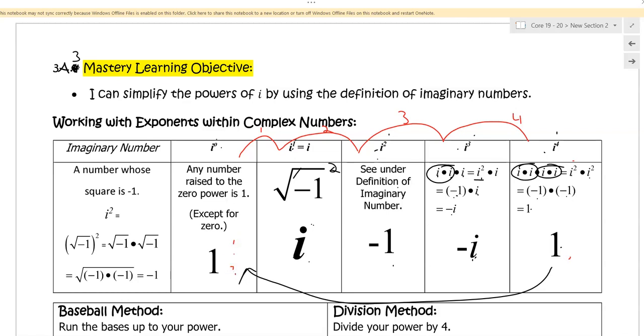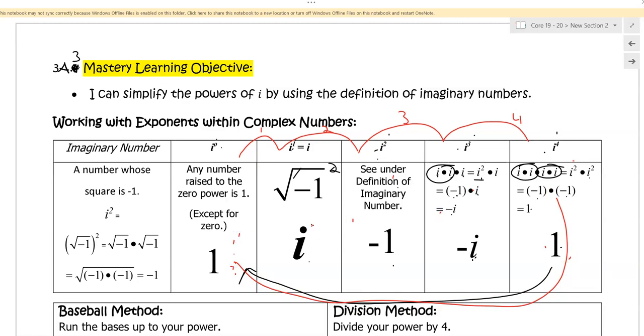So it's a 4-part cycle. Every 4 numbers it will repeat, right? So i to the 5th will bring us back here. i to the 6th, i to the 7th, i to the 8th brings us back. 9th, 10th, 11th, 12th brings us back.